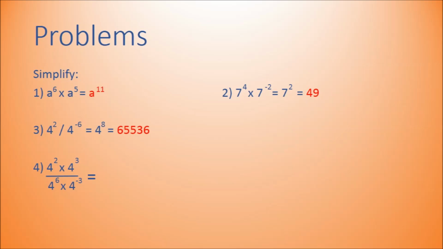And then 4 to the 6th times 4 to the negative 3rd, you're multiplying on the bottom too, so you're adding 6 plus negative 3. And then you get 4 to the 3rd, so now you have 4 to the 5th over 4 to the 3rd. And now you can use the division rule by subtracting the exponents because you still have the same base of 4. And you get 4 squared because 5 minus 3 is 2. And 4 squared is 16.